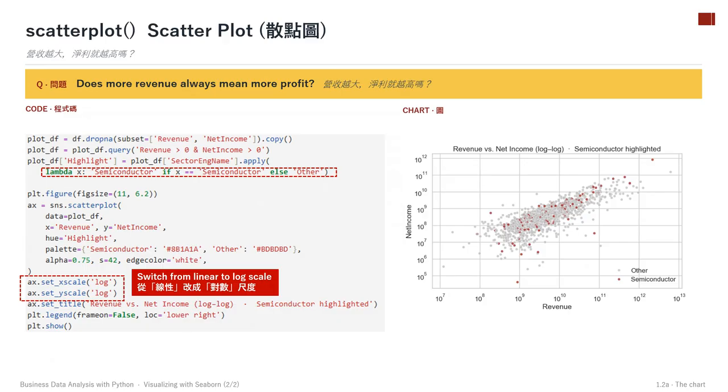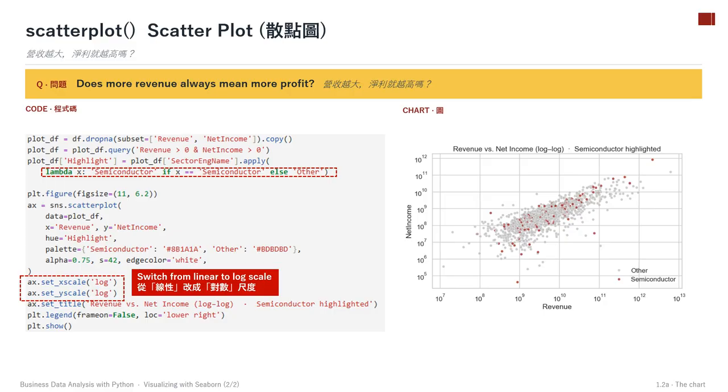And I think the most important three things are these three. So the first one is we set up a query. So we only want to talk about companies whose revenue is over 0 and whose net income is over 0. But please notice here, I'm using the and. And is our condition.